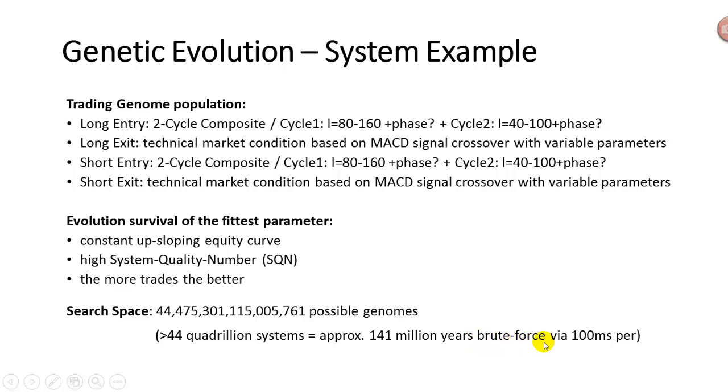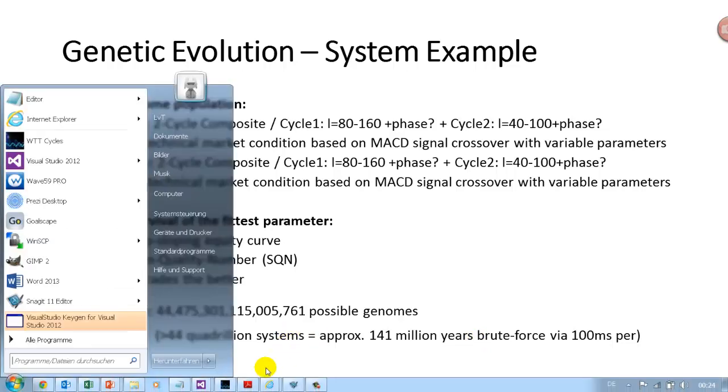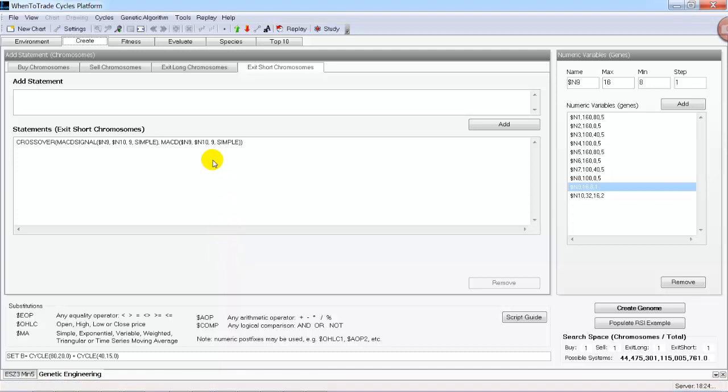So you can quite easily see you will not be able to calculate each possible combination of parameters with a classical brute force algorithm. If you want to prepare for your trading day, you can't wait 141 million years to come out with the perhaps optimal combination.